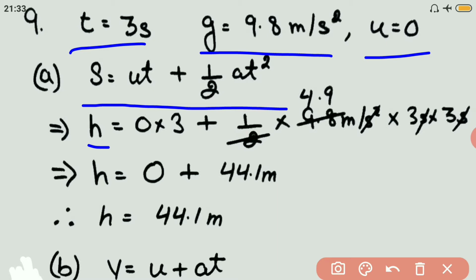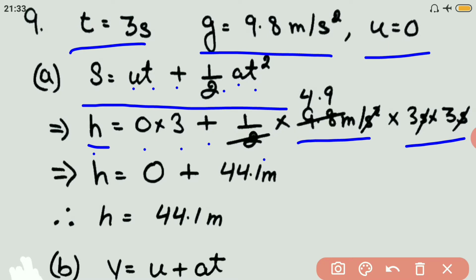Replacing the values, s becomes h, u becomes 0, t becomes 3, half comes here, plus comes here, a becomes 9.8 meter per second square, whereas t square becomes 3 second into 3 second.